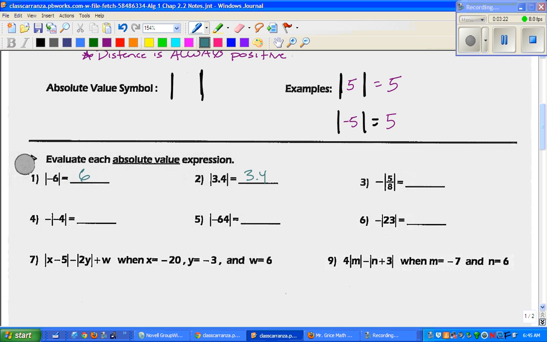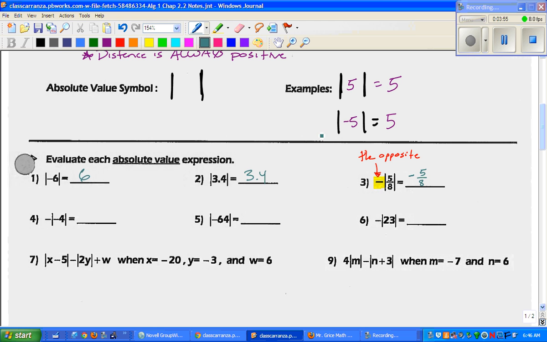Now, let's take a look at number 3. Number 3 has that negative on the outside, and what that means is the opposite. So, what is the opposite of the absolute value of 5/8? Well, the absolute value is 5/8. The opposite of that would be -5/8.